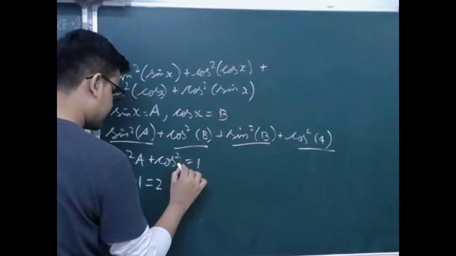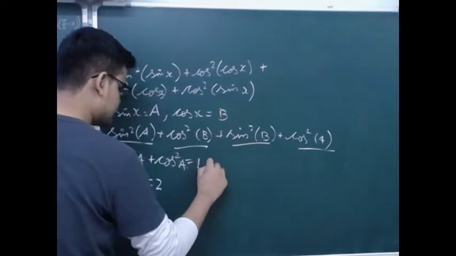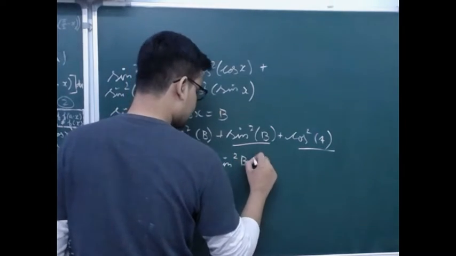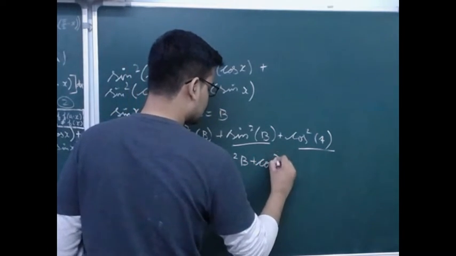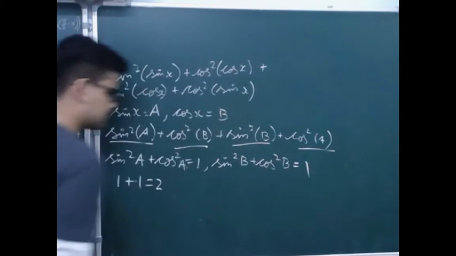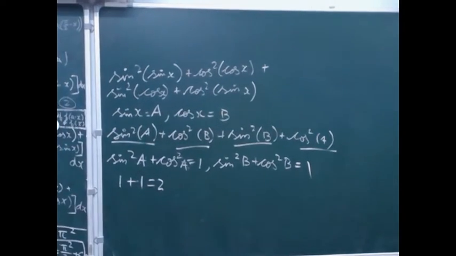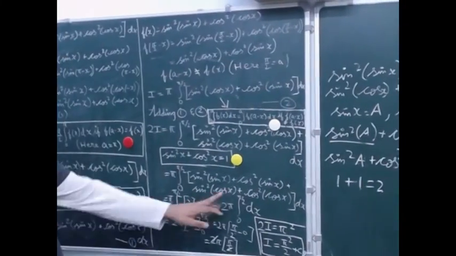Similarly, sin square b plus cos square b is equal to 1. So adding these two, it is reduced to 2.